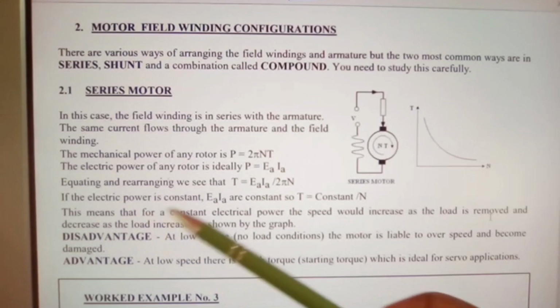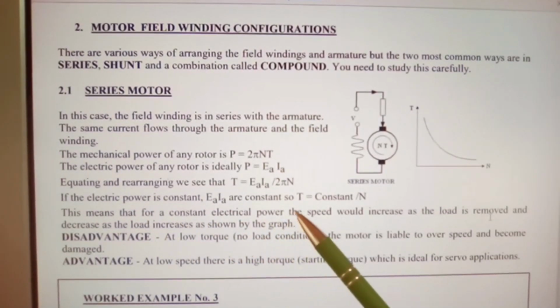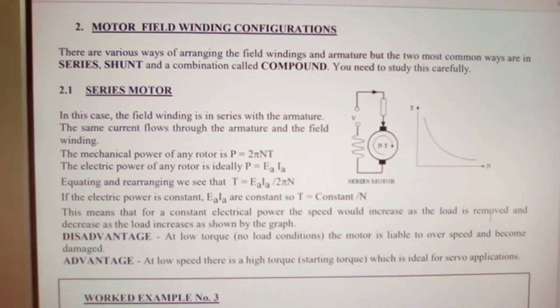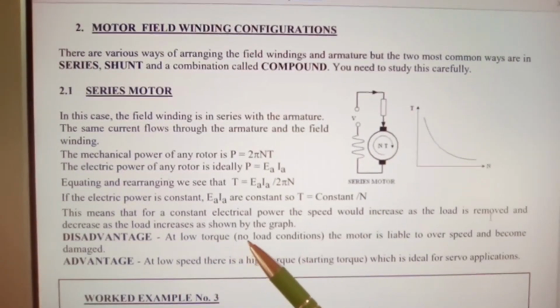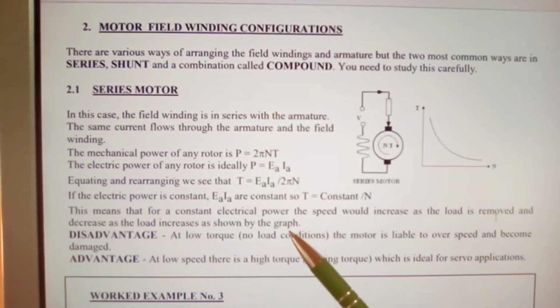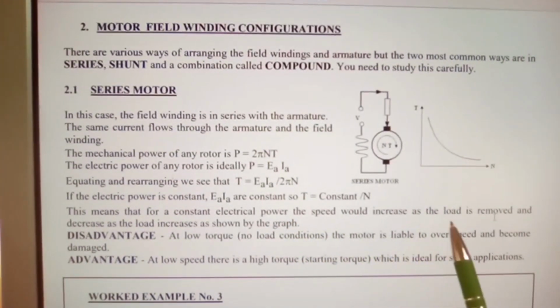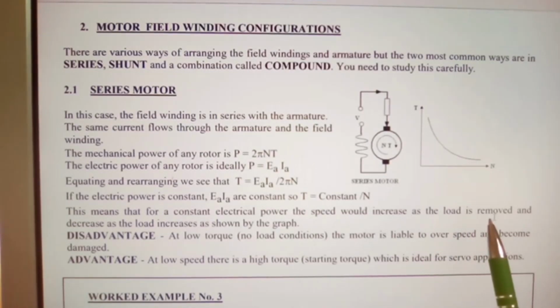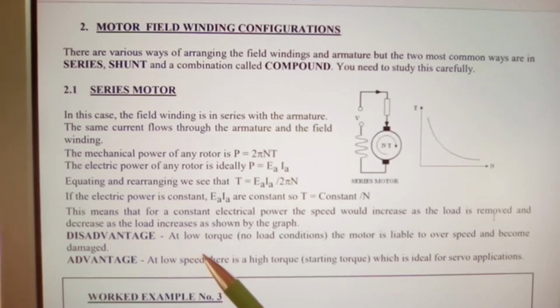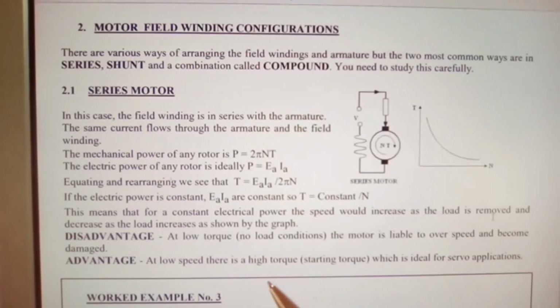If the electric power is constant, EA, IA are constant, so T equals constant over n, whatever the constant is. This means that for a constant electrical power, the speed would increase as the load is removed, and decrease as the load increases, as shown by the graph.